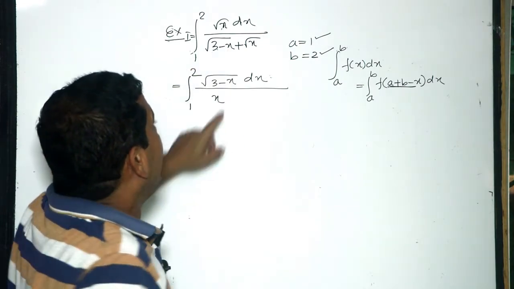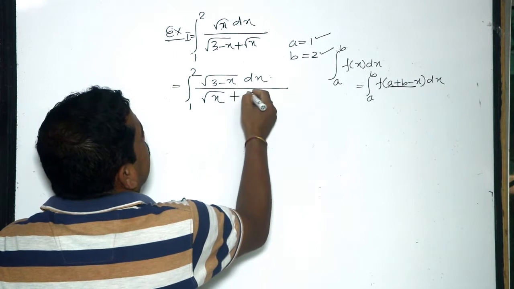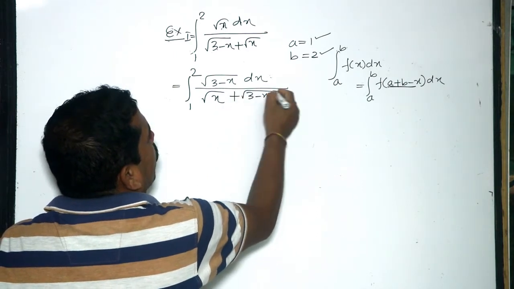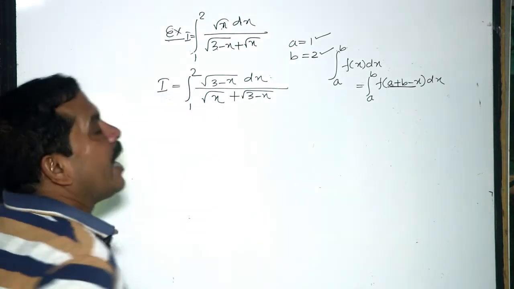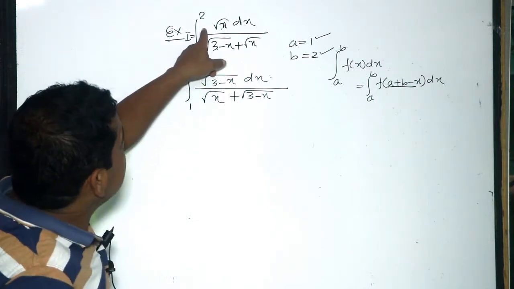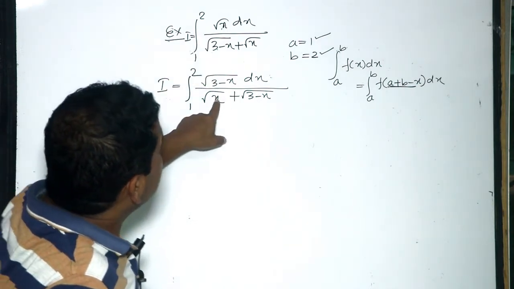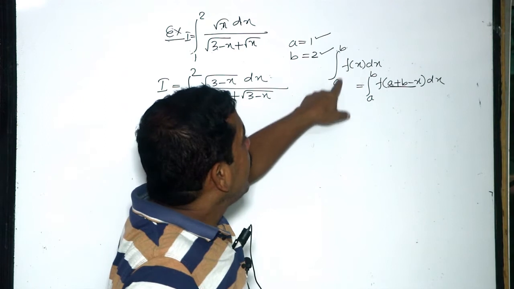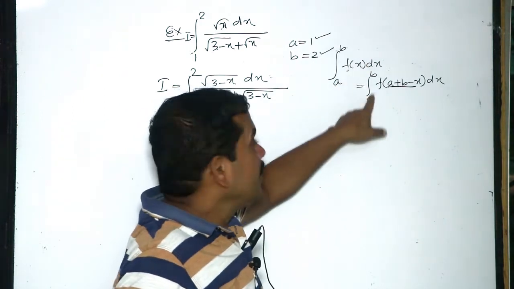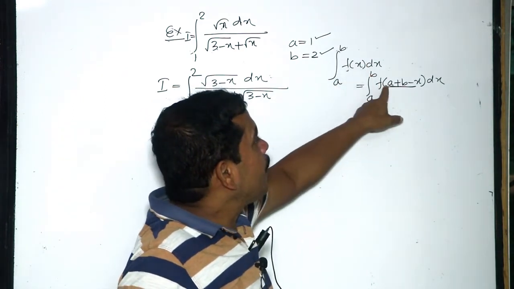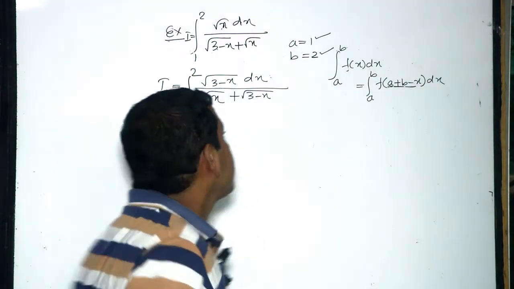So it will be root of (3 minus x) plus root x. This is also I, because we know that a to b f(x) dx equals a to b f(a plus b minus x) dx.